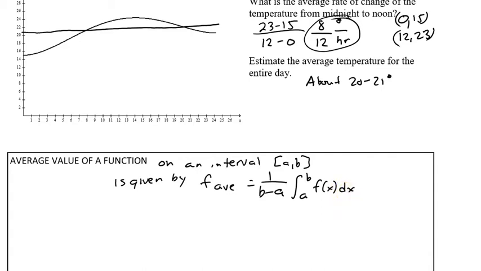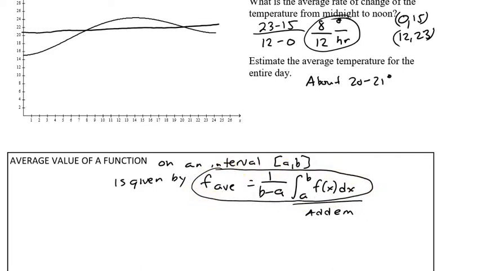The integral adds them up, just like when we take an average, and then we divide by how many there are, which we've done for many years.